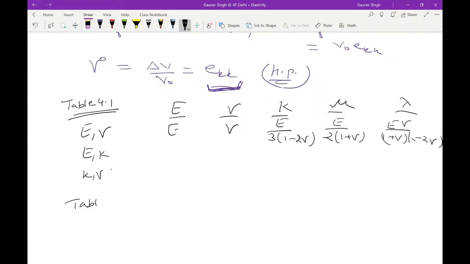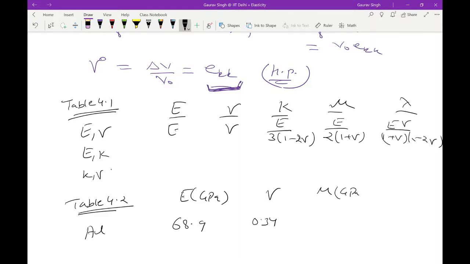Similarly you have table 4.2, which gives the properties of these elastic moduli. For example, for aluminum, E in GPa is given as 68.9, nu is given as 0.34, mu is given in GPa as 25.7, and you have the coefficient of thermal expansion as this.